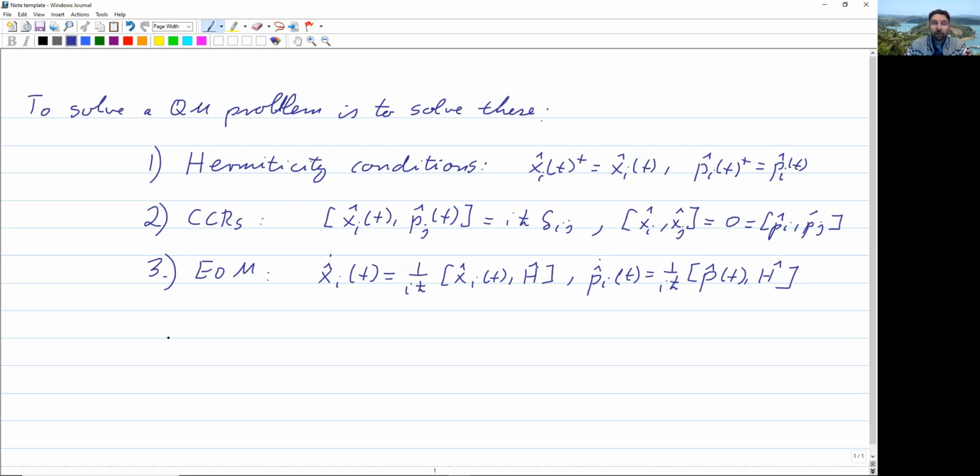We managed to solve all of these conditions for the simplest possible quantum mechanical problem, namely the case of the free particle in one dimension.